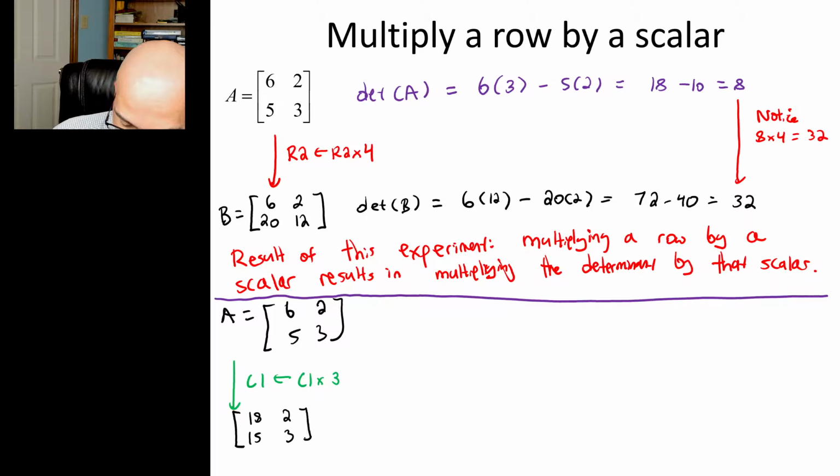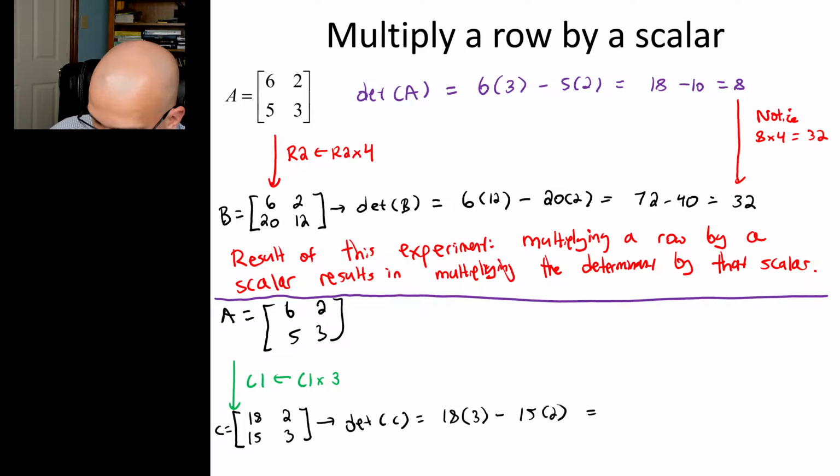What's going to happen when we find the determinant of this? I'll call it C. So the determinant of C is 18 times 3 minus 15 times 2. So that's going to be 54 minus 30, which is 24.